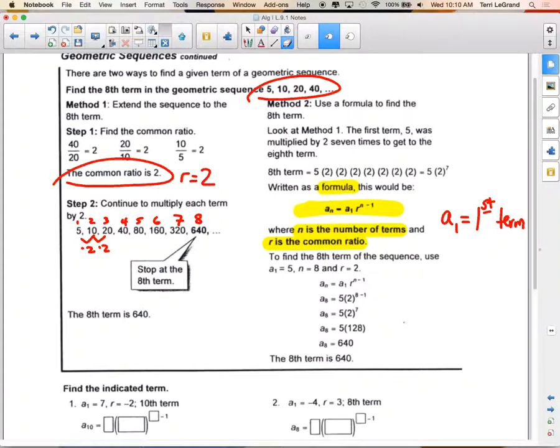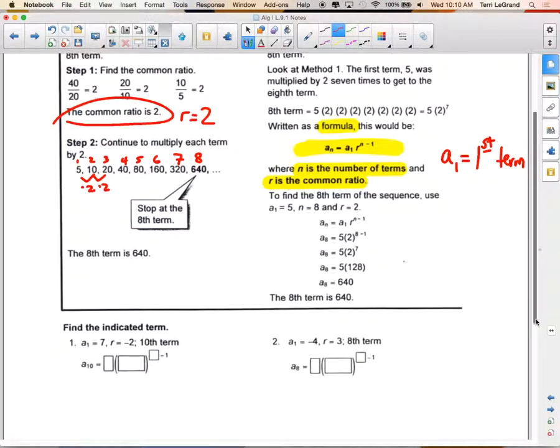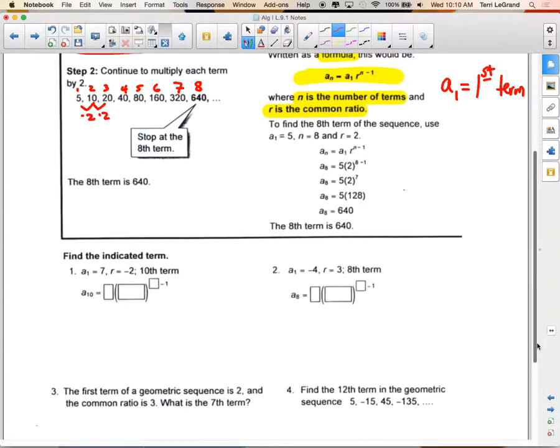Yeah, 7 times. Because they start with the first term. The first term has to be multiplied by 2. And with only multiplying 1 time, we now have 2 terms. So that's why the n minus 1 in the power of r. We don't need to do it how many terms. We have to take 1 away from it and account for that first term.